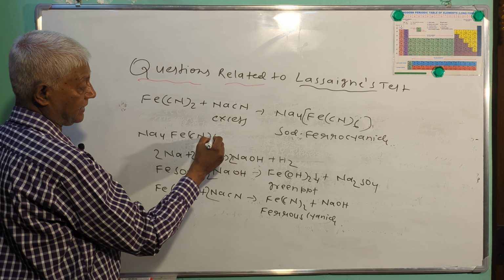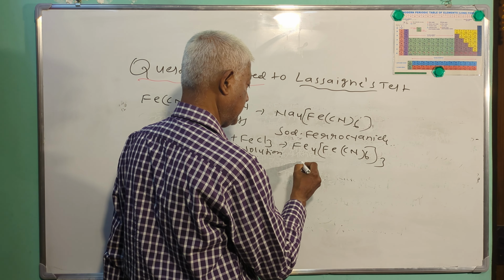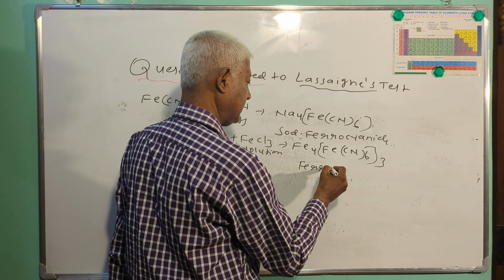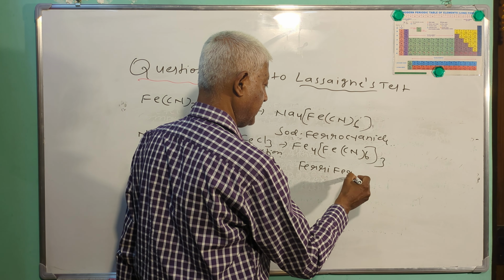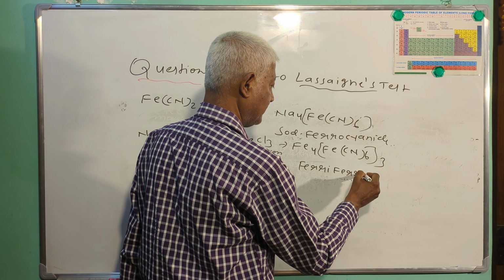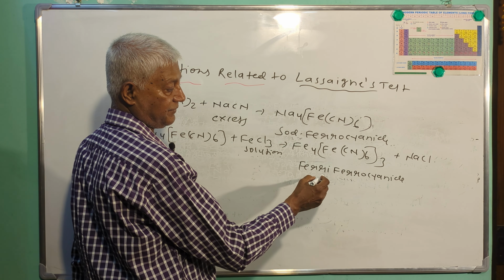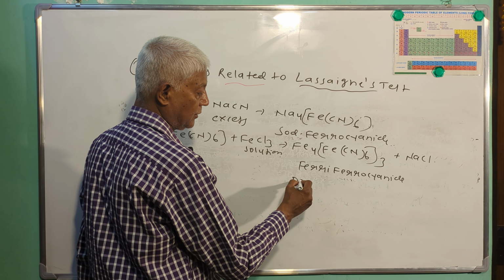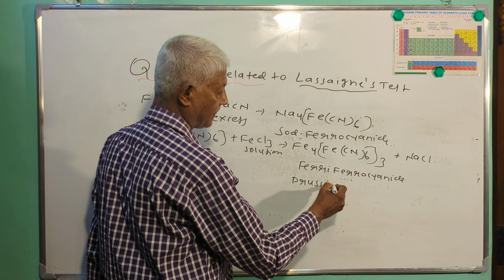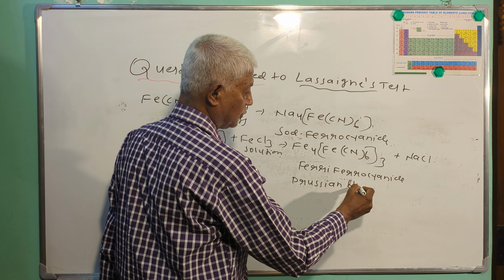Ferric ferrocyanide, Fe4[Fe(CN)6]3, and the side product is NaCl. Due to the formation of ferric ferrocyanide, what we get is Prussian blue.